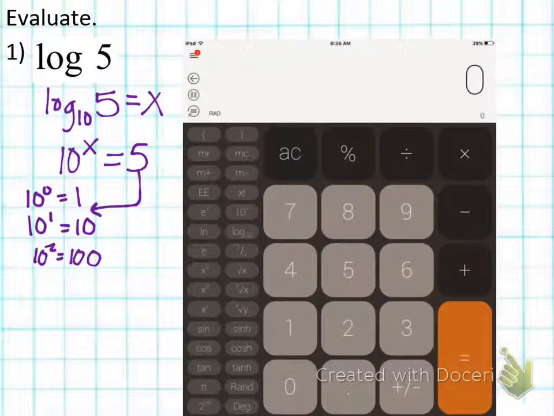Okay, and here's a screenshot of what your calculator on your iPad looks like. So if we were to plug this in on the calculator, here's what we do. We push the 5 first, and then we push the log base 10 button, which is right here. Okay, so once you push 5, then log base 10, you would get your answer.